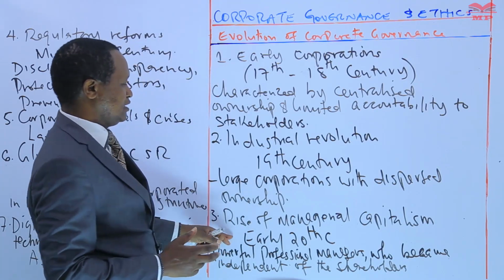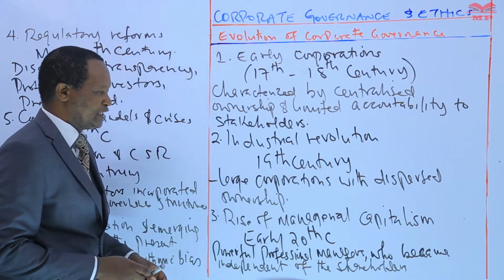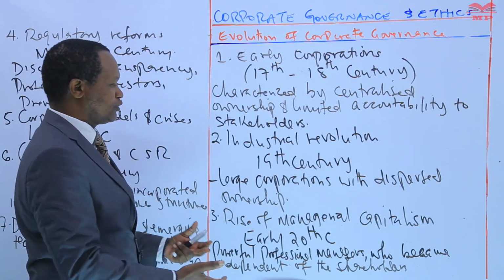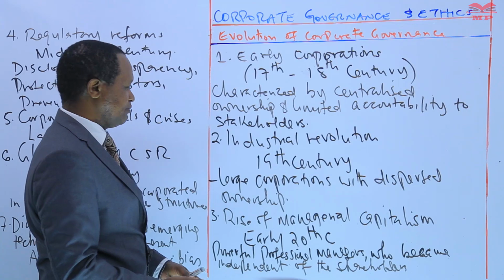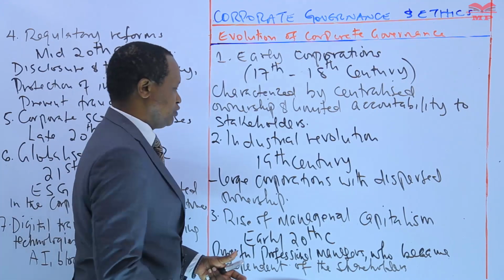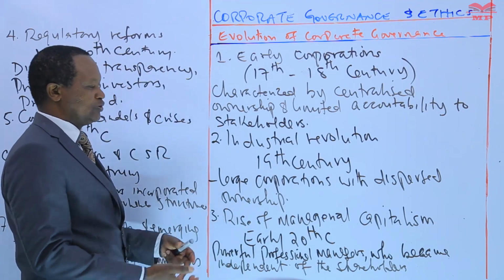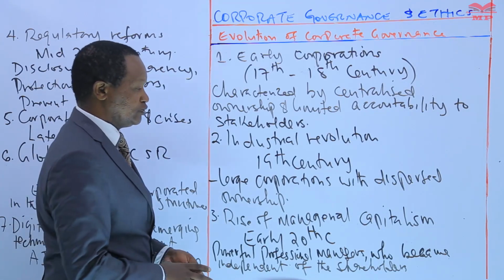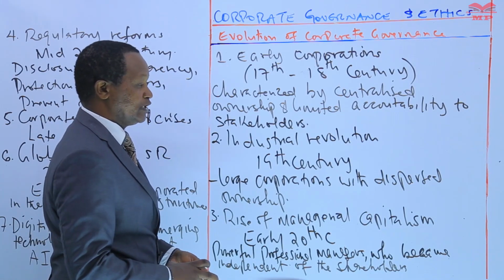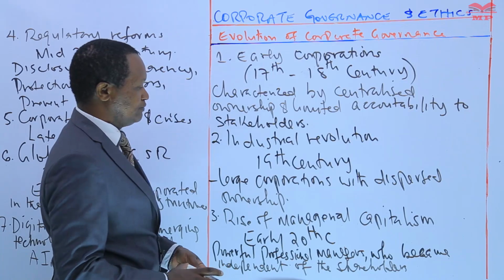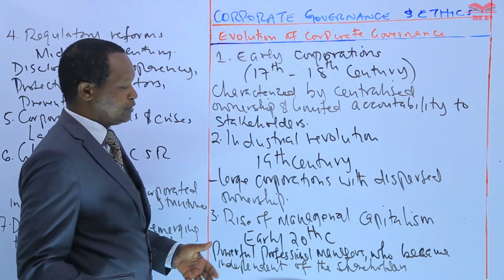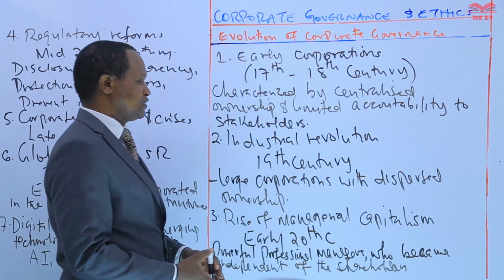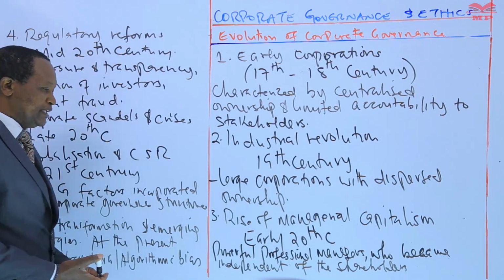Then in the early 20th century, there was the rise of managerial capitalism, where we had powerful professional managers who became independent of the shareholders. And this posed its own set of challenges, for example, it gave rise to finding ways to deal with the agency problems that arose because of these powerful professional managers who became very independent.